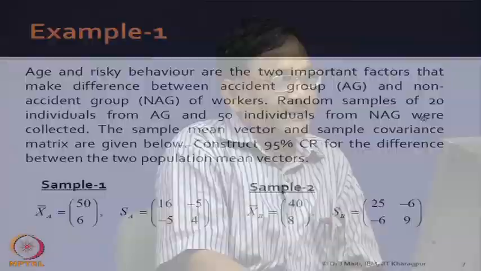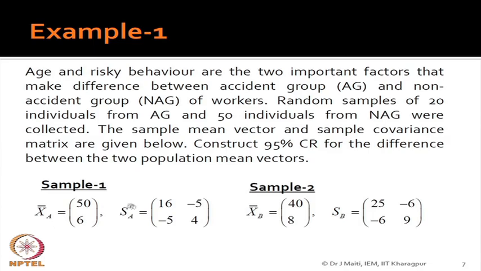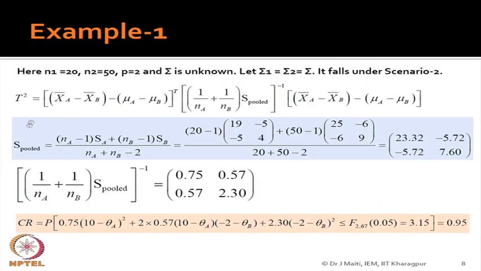So, now suppose this is the case, two populations, and you are getting x A bar, S A, x B bar, S B like this, and then what you are required to do is first find out the confidence region. You are doing the same thing with more computation, nothing else. So, you are finding t square, then finding your sampling distribution, and making this confidence region.